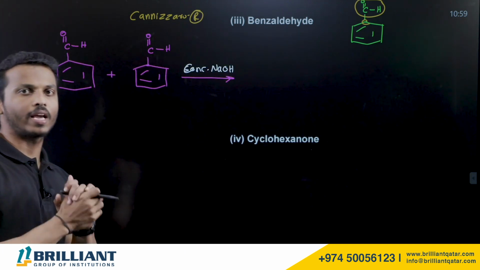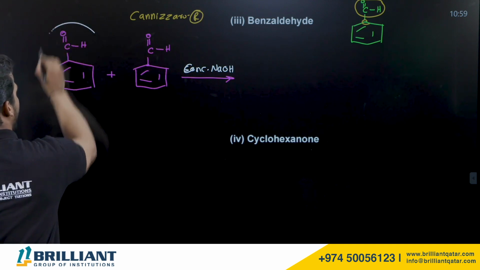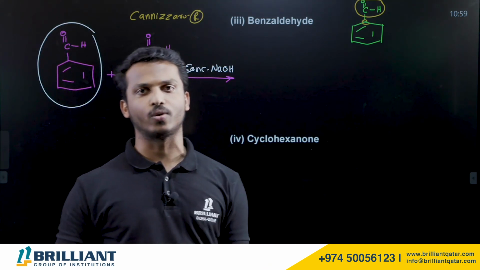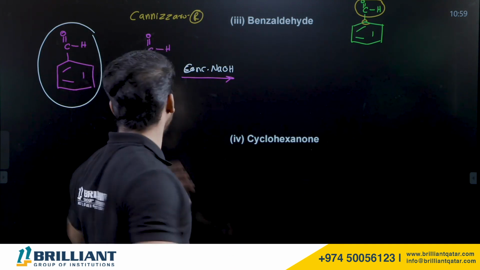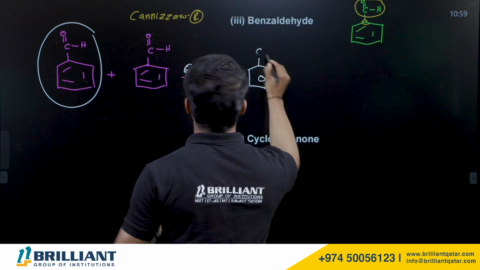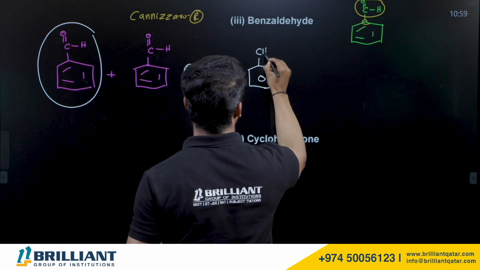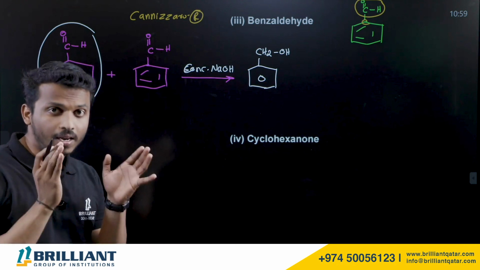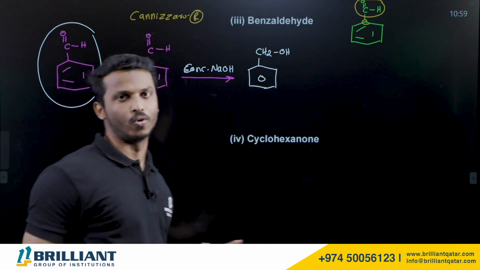What we discussed during Cannizzaro reaction? The first aldehyde, without changing the number of carbon atoms, is converted into its corresponding alcohol. This is benzaldehyde, which means there is a benzene ring with a CHO group. So I can make it as CH2OH. Maintain the structure, maintain the carbon and make it into alcohol.